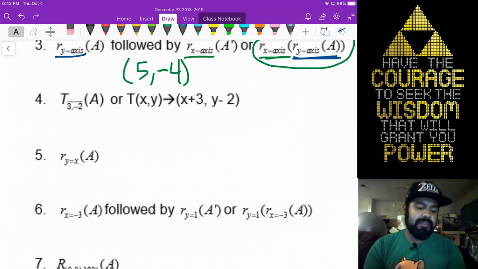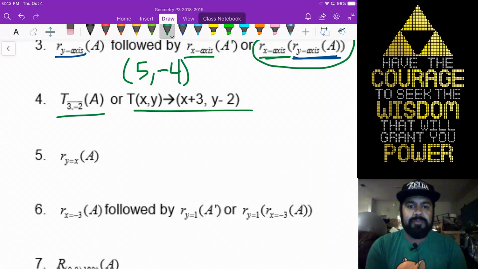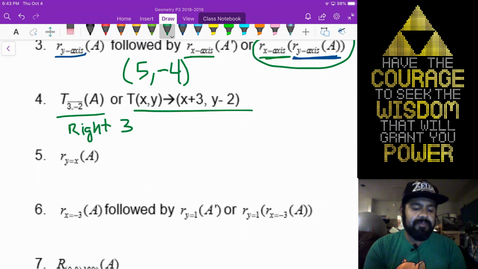Alright, so then number 4 here, we look at this. Capital T stands for translation. So in plain English, in either notation of these, we're going to be moving our points. We're going to be sliding them. In the case here, we're going to be moving it right 3 units, because the x value tells us left or right. Positive means it's going right.